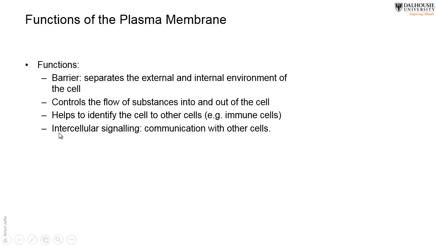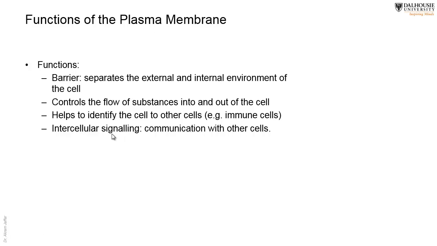The cell membrane also helps to identify the cell to other cells. So, for example, the immune system can recognize foreign cells or can recognize bacteria as harmful substances and will attack them. So they are used as markers for that cell, and it's also used for intercellular signaling, meaning signals between the cells, communication with other cells.